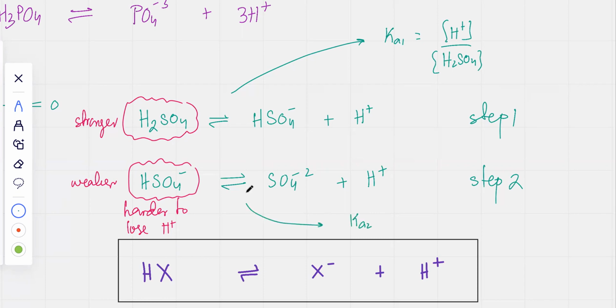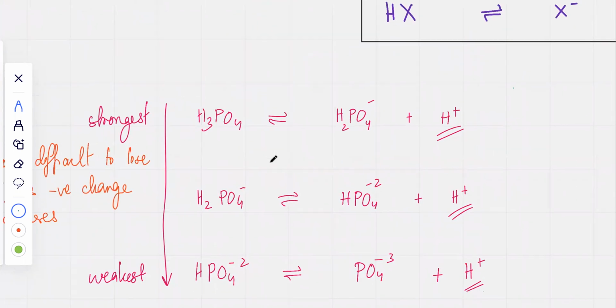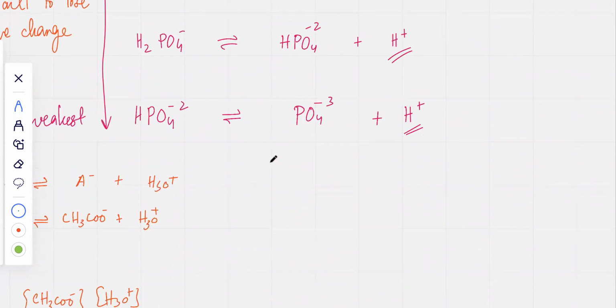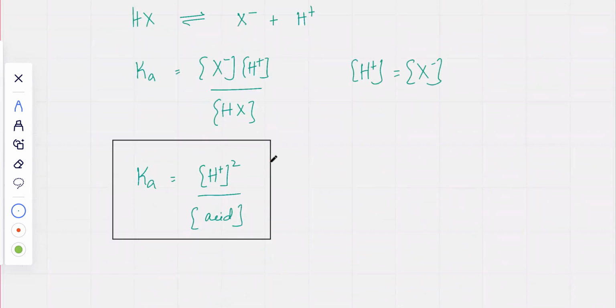Let's call it Ka2. It's going to be H plus 1 squared divided by the acid concentration, which in this case is HSO4 minus 1. So every acid dissociation is going to have a Ka value, and the Ka value is going to be a constant. It's only going to change if you change temperature.